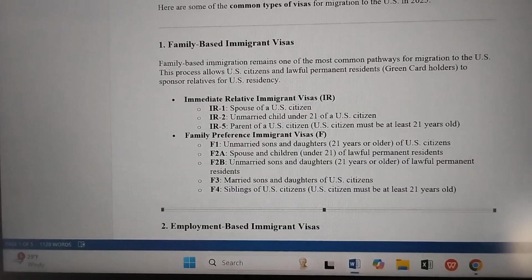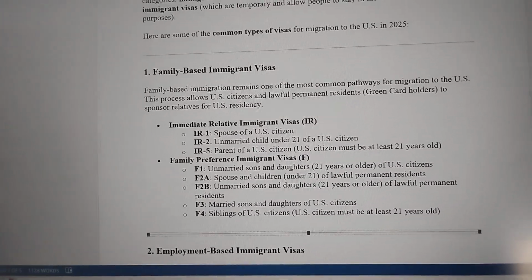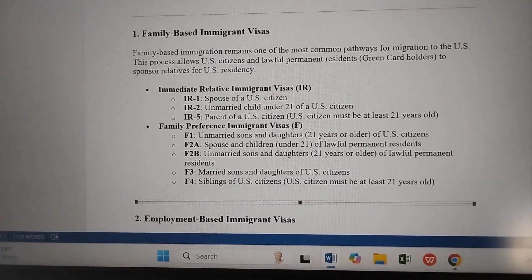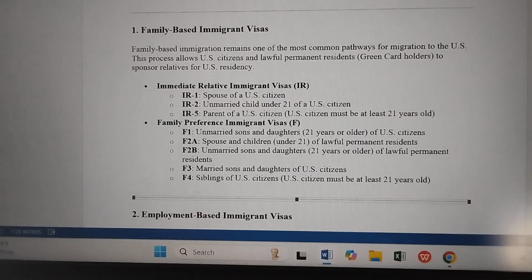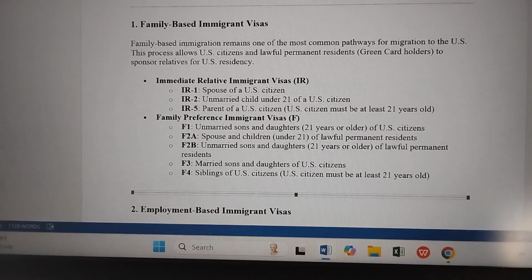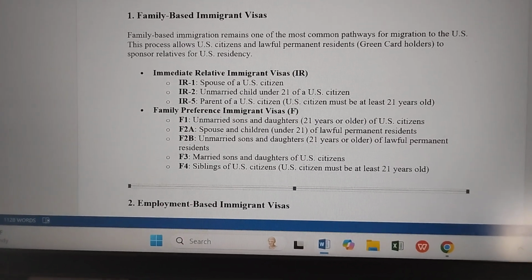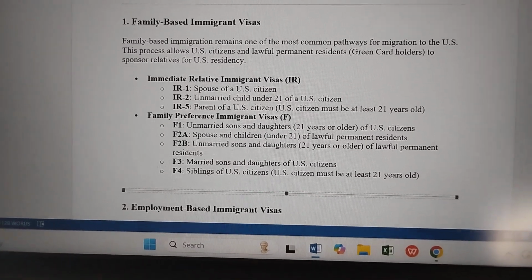So you see already, as a U.S. citizen, you have the possibility of bringing your wife under IR1, your children who are under the age of 21 under IR2, and your own parents under IR5. But for the citizen to bring his or her parent, the citizen must be at least 21 years of age.